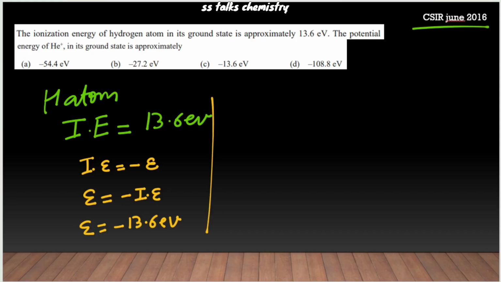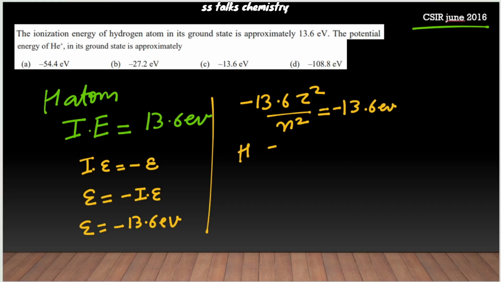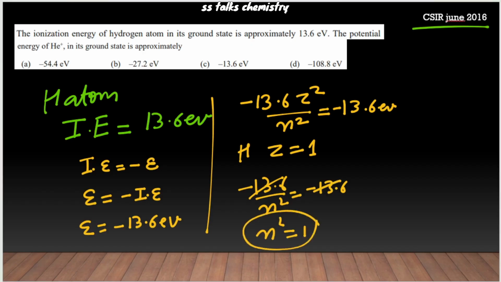Right? So this is the energy. So energy for the hydrogen atom we have is minus 13.6 into Z square upon n square. This value is equal to minus 13.6 electron volt as per the given one. Now for the hydrogen atom the Z value is 1. So minus 13.6 upon n square is minus 13.6 only. So that means n square value is 1. Right, this is what we are getting from here.